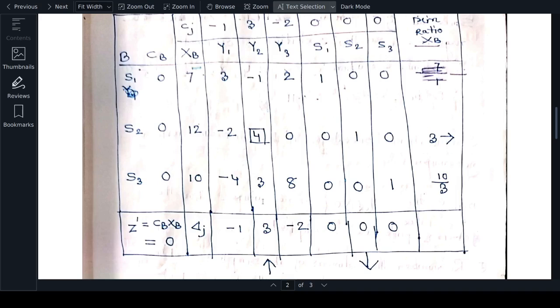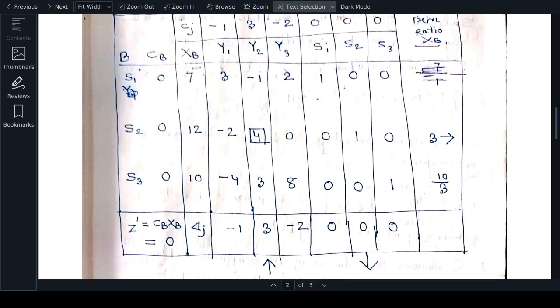But what if the minimum ratio is tied? Next class I shall explain: if the minimum ratio is tied, then you will not choose arbitrarily.